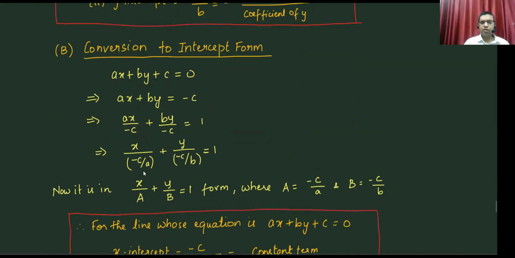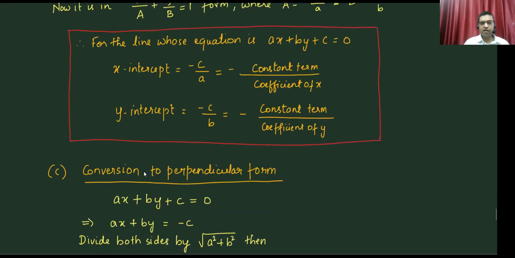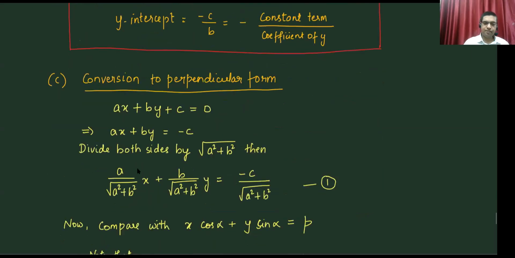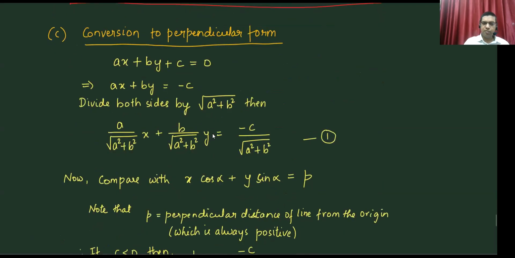Now we can look at this further. I'll just give this, and right now it may not appear so useful, or why we are doing this, but later in some situations this is a very, very useful expression. We can convert this ax plus by plus c equal to 0 to perpendicular form.